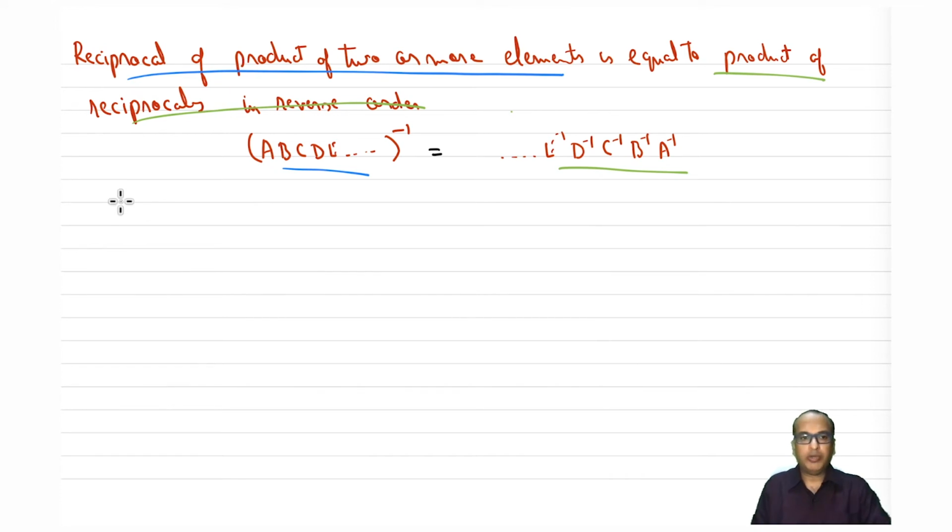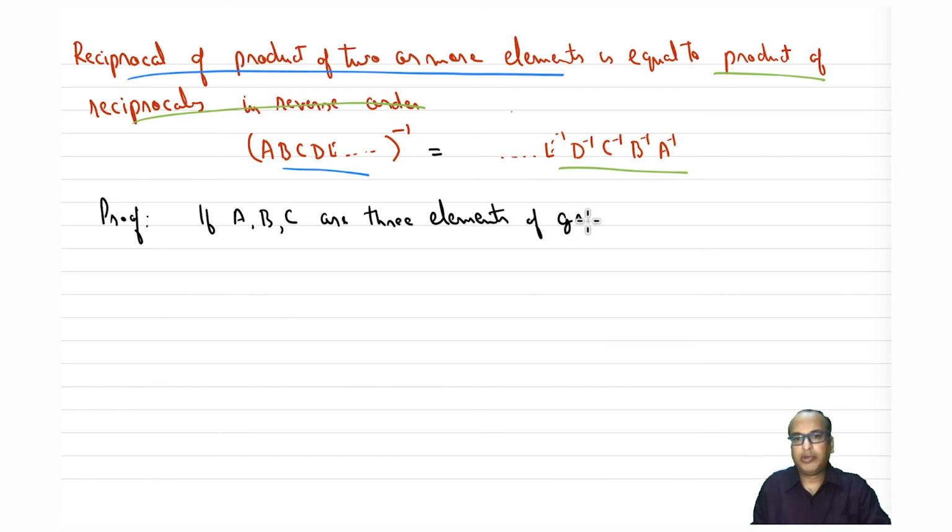Now how do I prove this? So let's try to prove this. Let's consider three elements for now. If A, B, C are three elements of group G, then we can write A, B, C is equal to D, right?